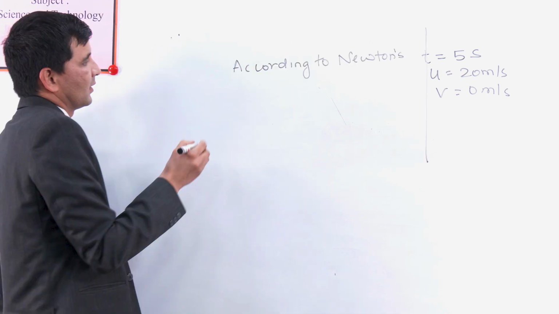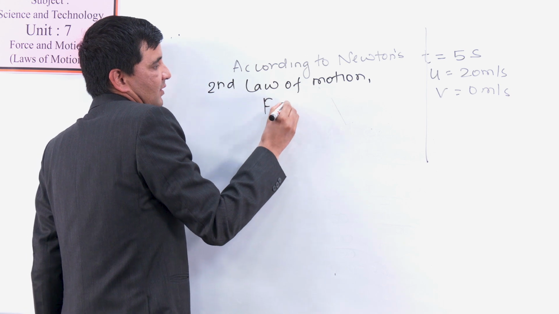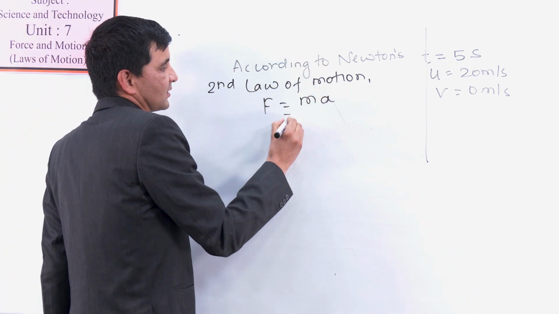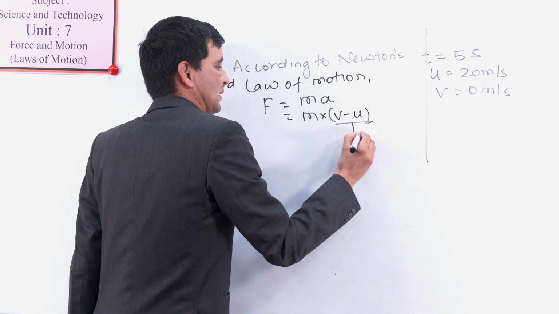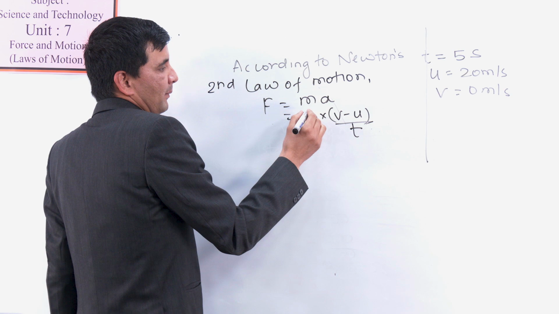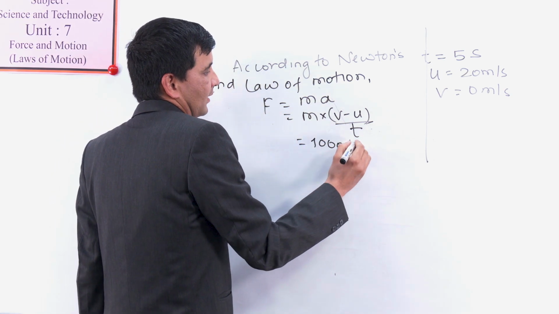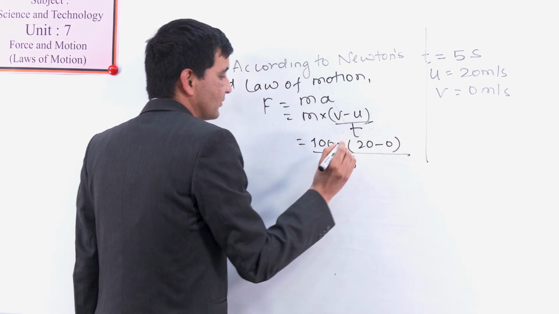According to Newton's second law of motion, F is equal to m into a. We know that m means mass, and m into a means m into (v minus u) by t. Okay. So, what is the mass of the car? 1000 kg. Velocity 20 minus 0 by time, which is 5 seconds.